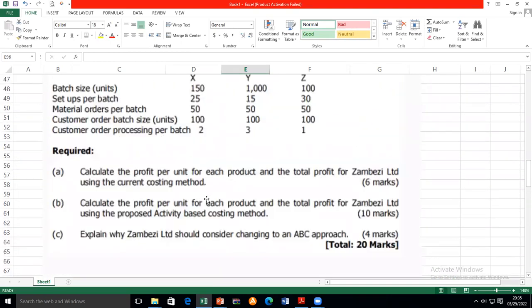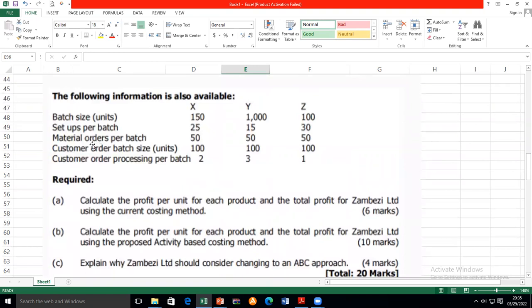Setups, we are told something here. Batch sizes 150. Setups, a batch is 25. So 150 make up a single batch. 1,000. So we're going to find the number of batches.